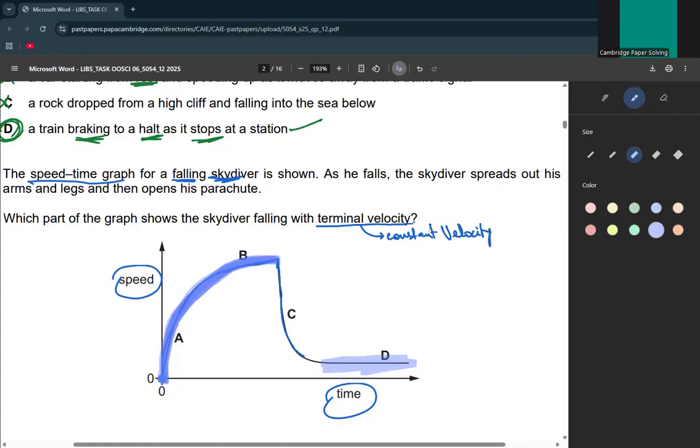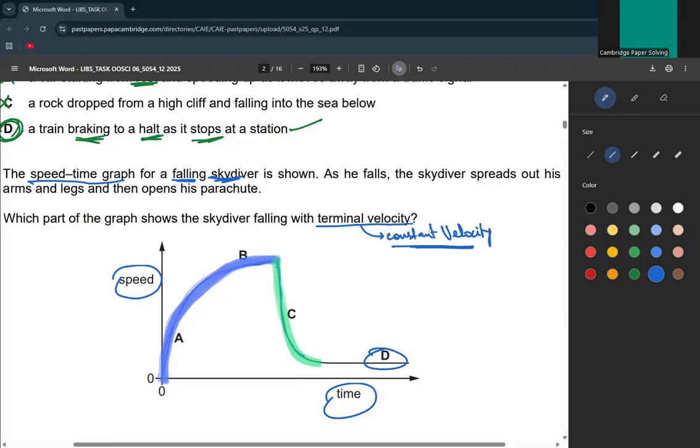A and B is one single segment, then C is another segment of the graph, and then D. If we just look directly with the basic concept, we need to find where the velocity is constant. So here, why? Because the gradient is constant, which means that the velocity is constant.